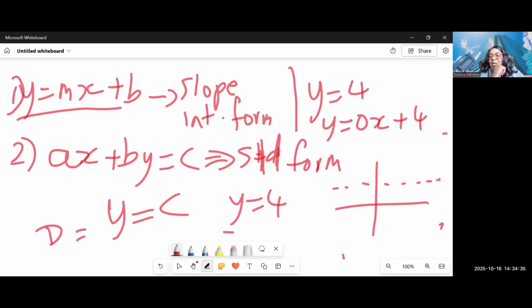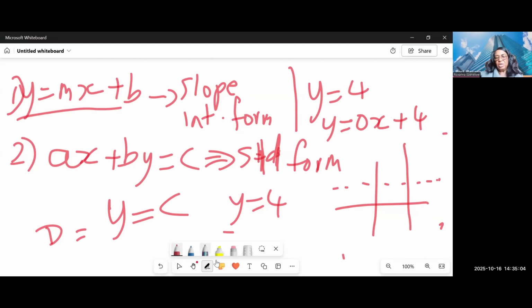Any line parallel to the x-axis has a 0 slope. And therefore, y equal to 4 is a horizontal line. We already see that whenever we have a vertical line, the slope is undefined.